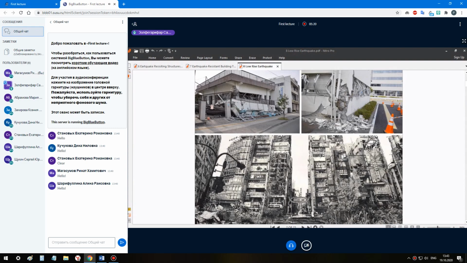And I have shown some resistant buildings using these techniques in the last sessions.